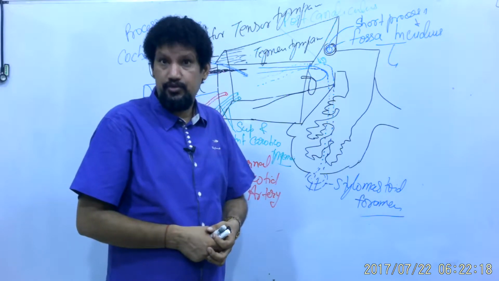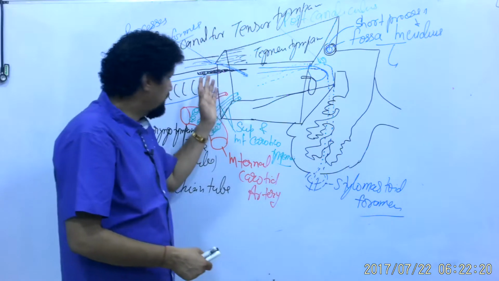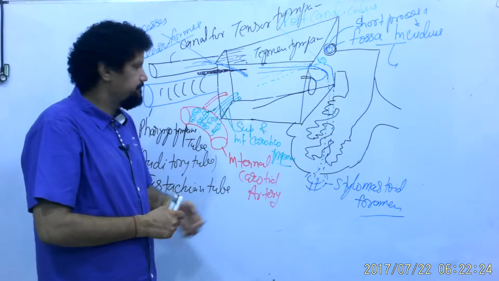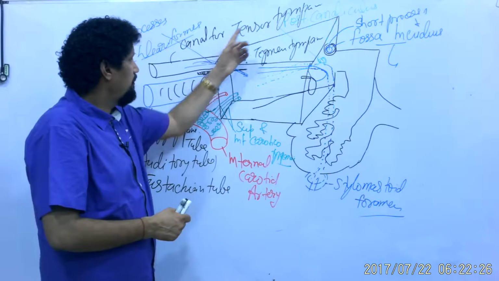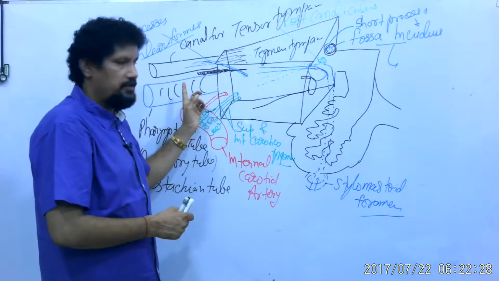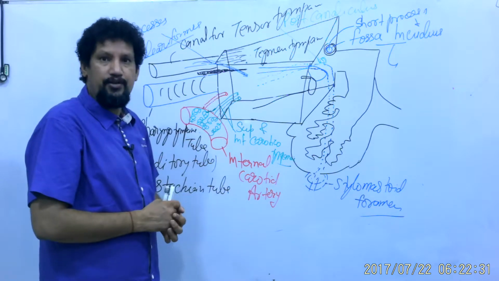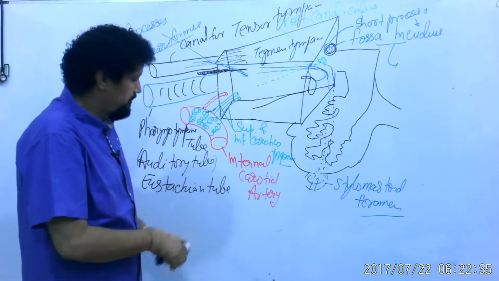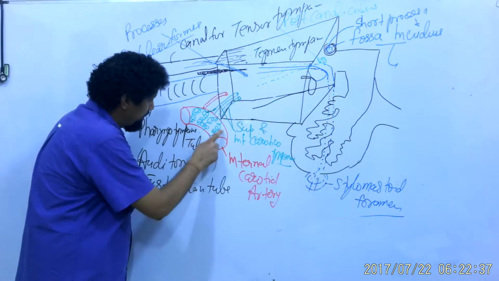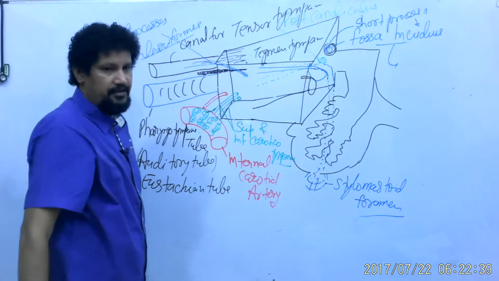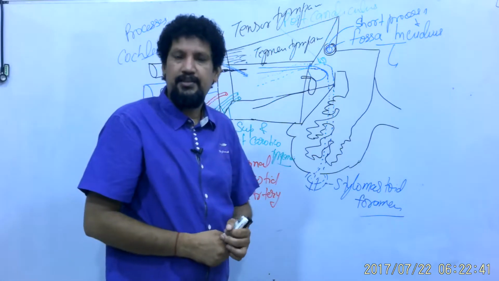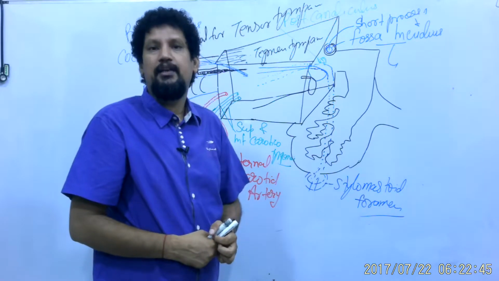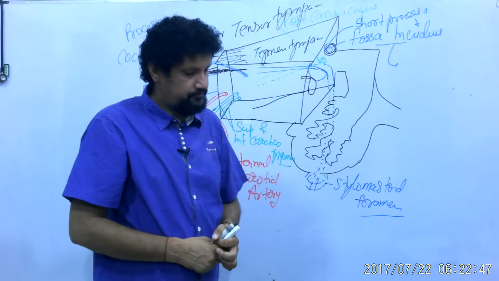So, this is the jugular wall, and this anterior, although it is related to the canal for tensor tympani, the eustachian tube or pharyngotympanic tube, and the lowermost part is related to the internal carotid artery, is known as the carotid wall, or sometimes also known as the eustachian wall.